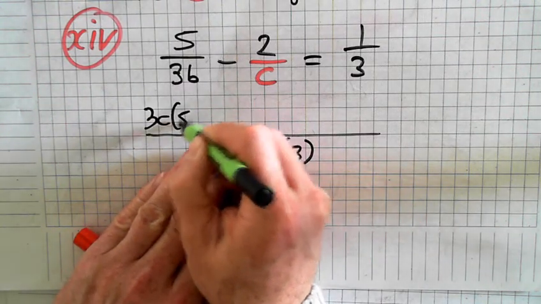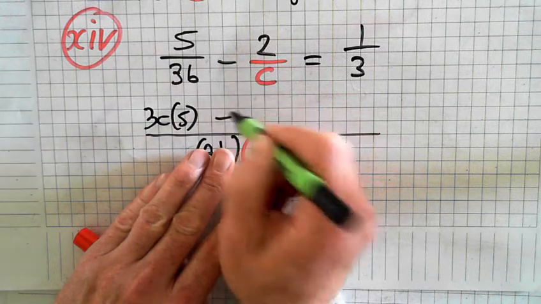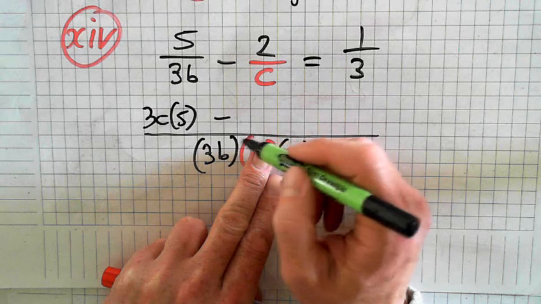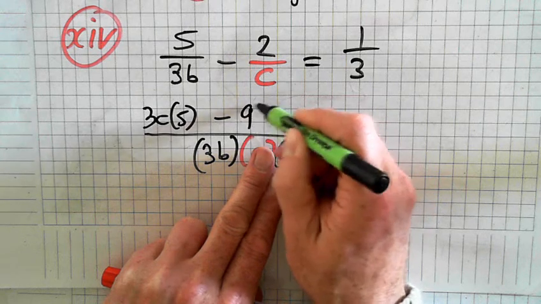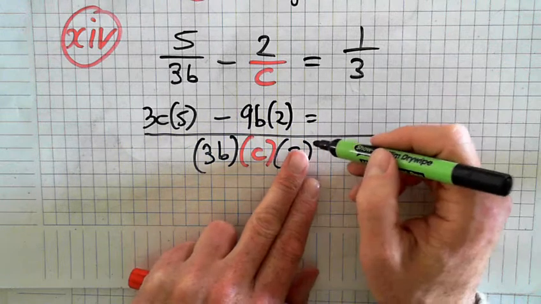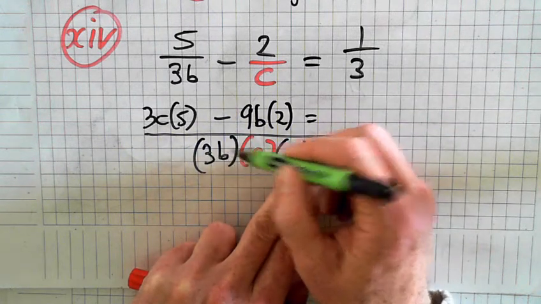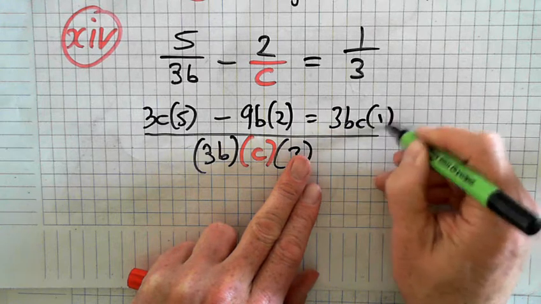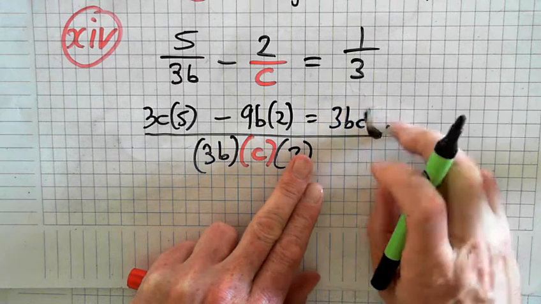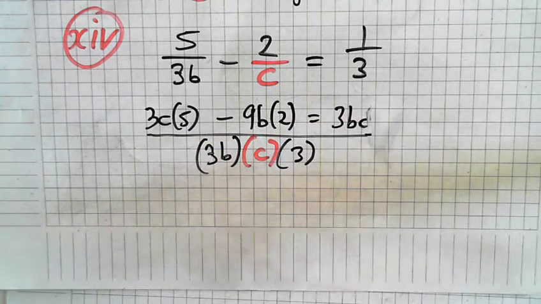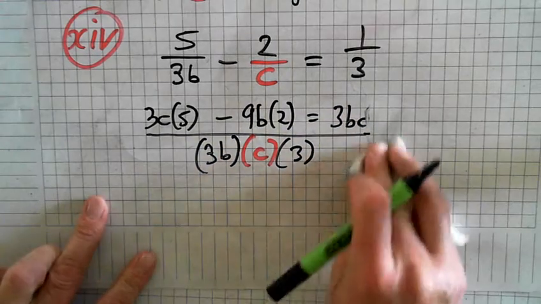3c times 5 minus. Divide c in, what's left? What's 3 times 3b? 9b by 2. Divide 3 into this, what's left? 3bc times 1 is 3bc. Alright, now get rid of the LCM.